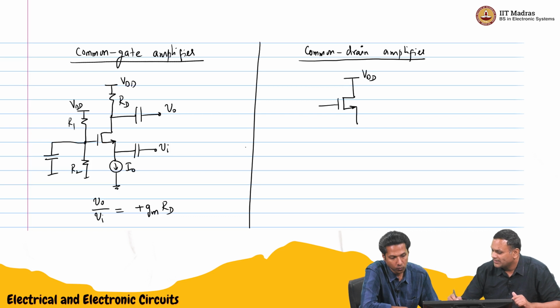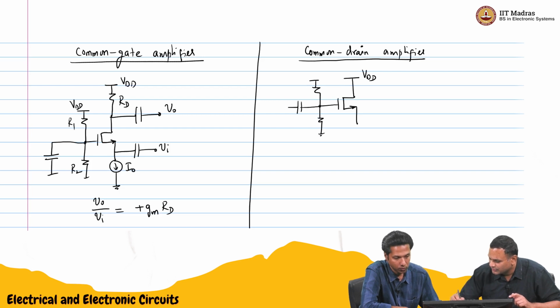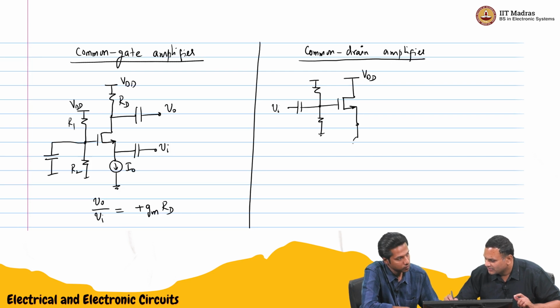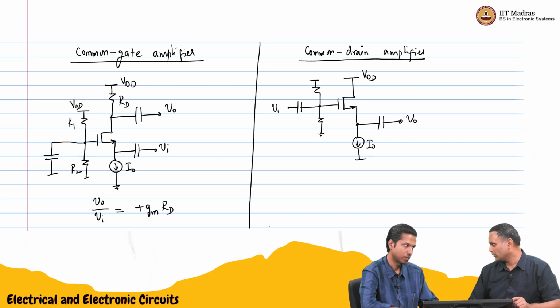Now the gate needs to be biased, and we biased it by a resistive divider, and you couple the signal through a capacitor. The output is taken here. For example, you can bias it using a current source, and output can be taken like this. This is one way of doing it.